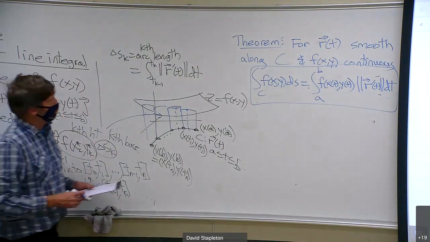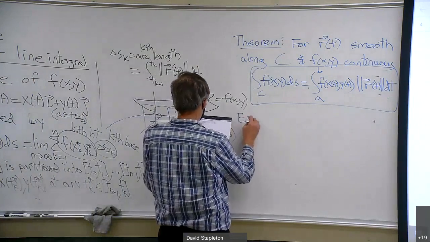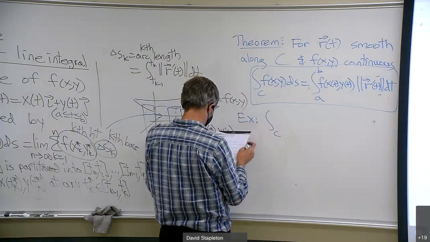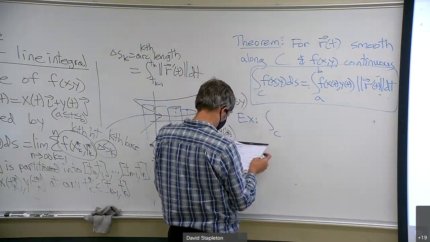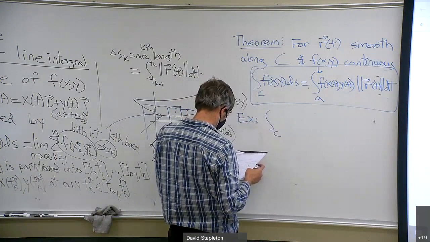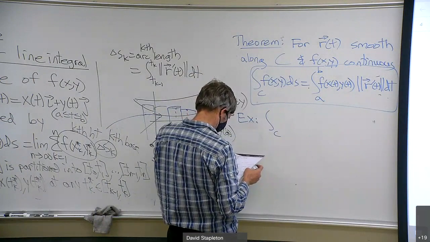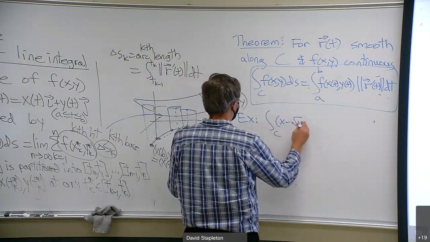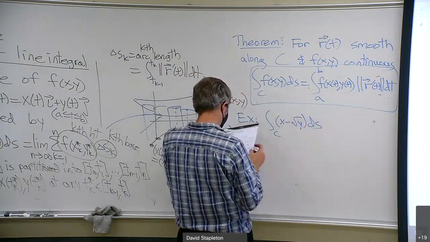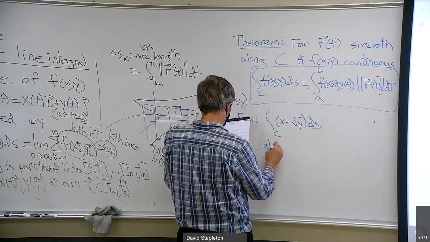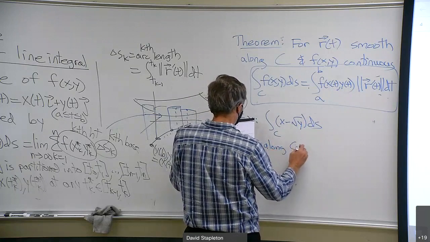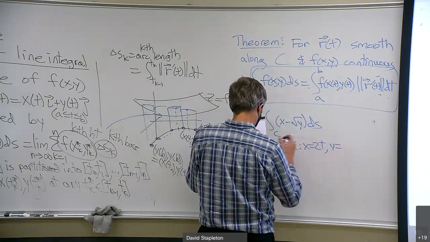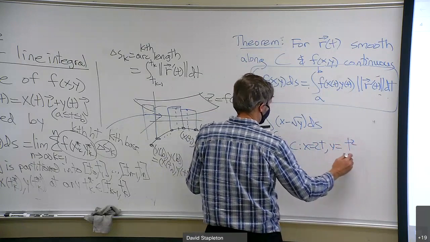Okay. So just for a real simple example, we're going to evaluate the line integral of x minus square root y ds, along the curve given by x equals 2t, y equals t squared, t running between 0 and 1.